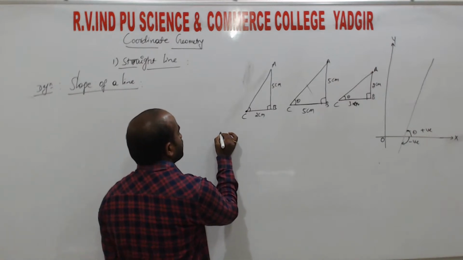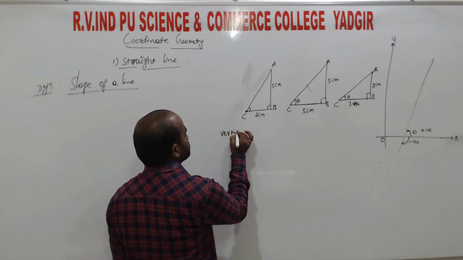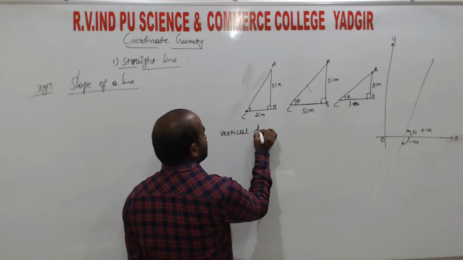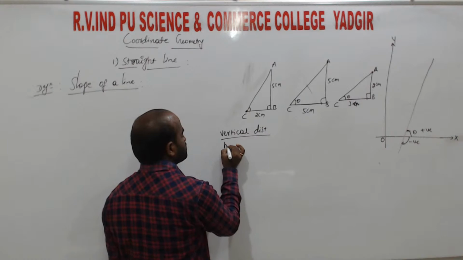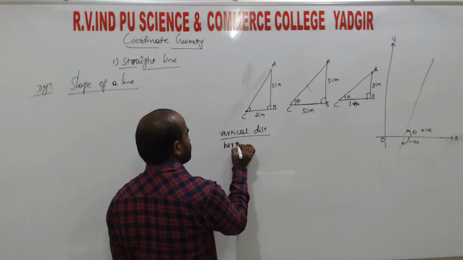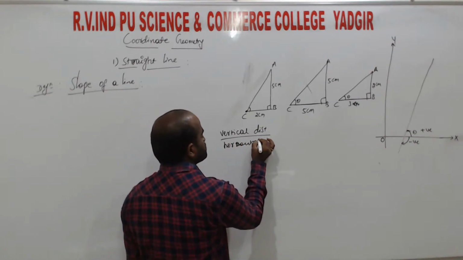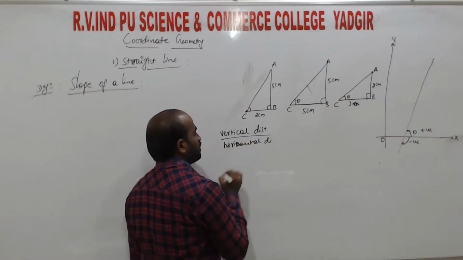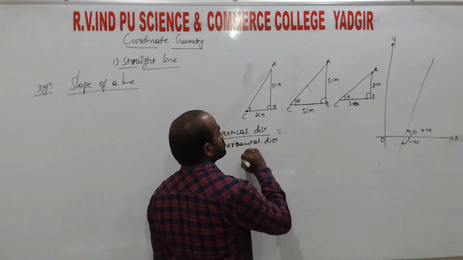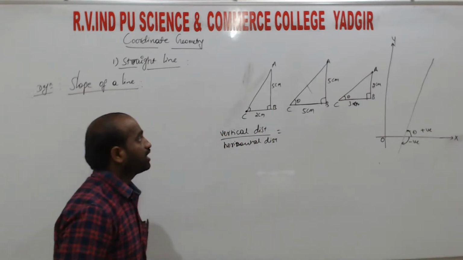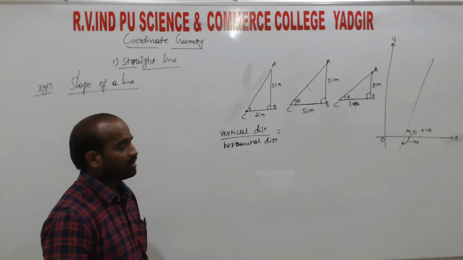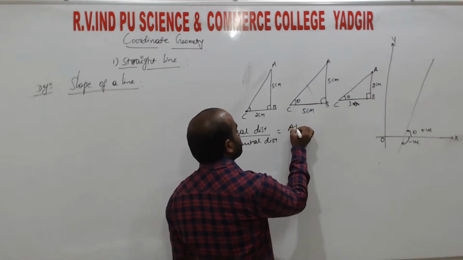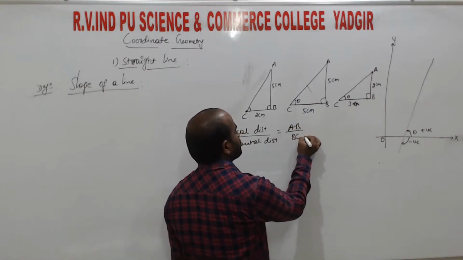So vertical distance divided by horizontal distance is AB divided by BC.